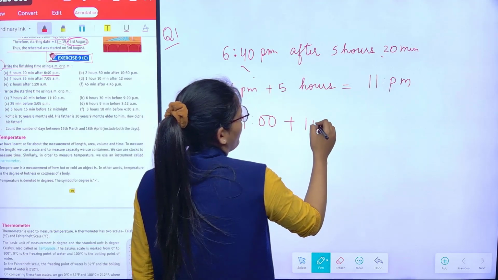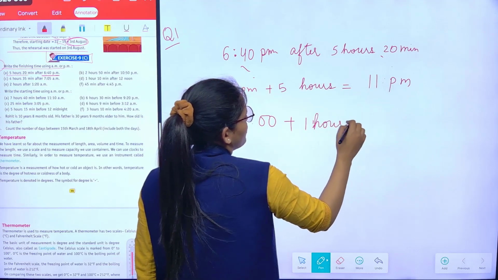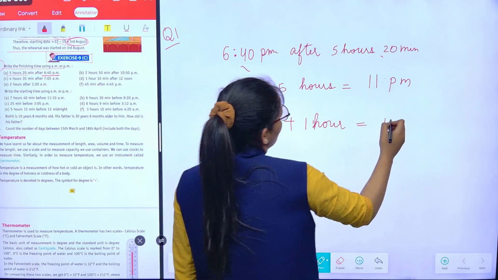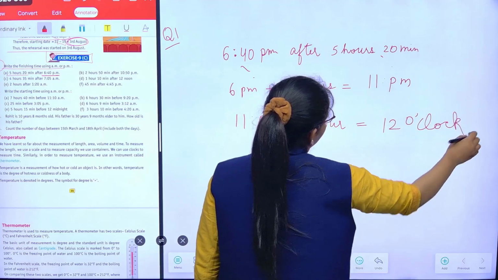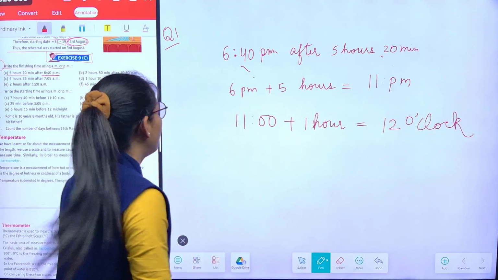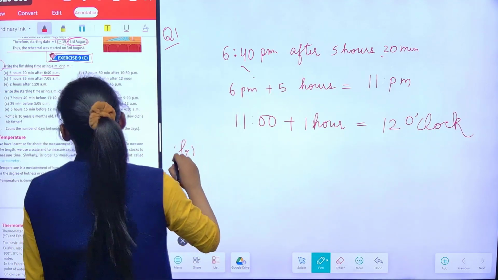So 11 hour plus 1 hour, that is 12 o'clock. That is 12 o'clock.